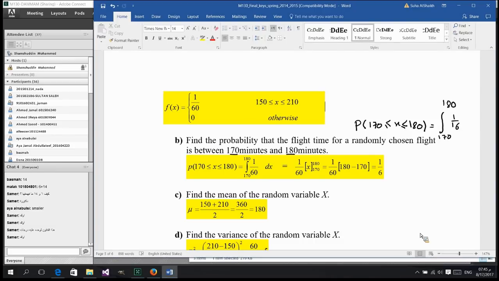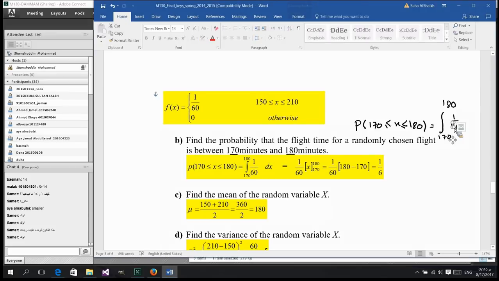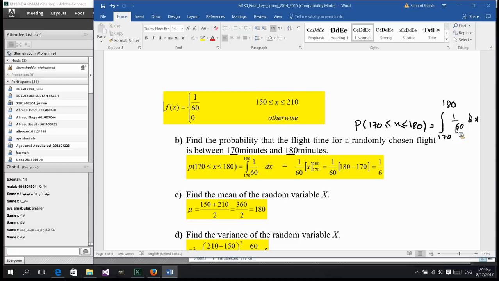So it is only 1 over 60 dx. Find the integration. 1 over 60 is a constant, so the integration of a constant is the constant times x. Well, x is between 170 and 180. 180 minus 170 is 10 over 60. This is 1 over 6. So the probability is 1 over 6.